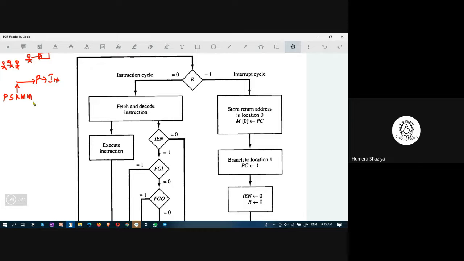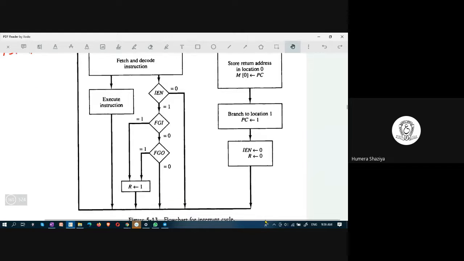The third is skipped when the address is a direct address. So fetch, decode, and execute. These are the phases in an instruction cycle. Here we have fetch and decode, meaning it is executing an instruction cycle, followed by execution of the instruction.